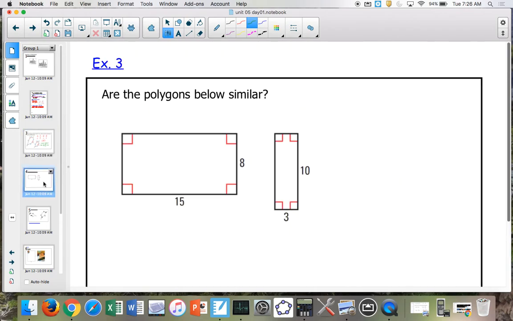Let's look at another one. Are these polygons similar? Well, of course, all the angles match. They're all 90 degrees. So we need to check, do the corresponding sides give you the same ratio? So let's look at the one on the left. If I start with 15, now which one am I going to match that up with? Is it going to match up with the 3 or the 10? Well, in the left triangle, 15 is the bigger side. So if this is going to work, I'm going to want to match it up with the bigger side in the other triangle.